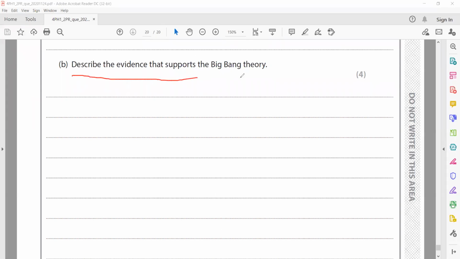We are receiving this radiation from all directions, and initially it was in a shorter wavelength, but as the universe is expanding and cooled down, we observed that the wavelength is increasing.